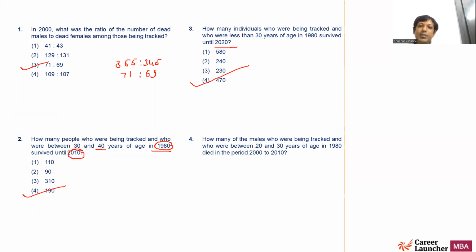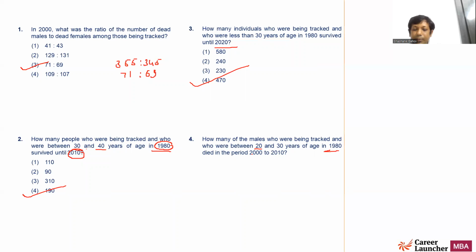How many of the males who were being tracked and who were between 20 to 30 years of age in 1980 died in the period of 2000 to 2010? 20 to 30 means I'm talking about the second age group.